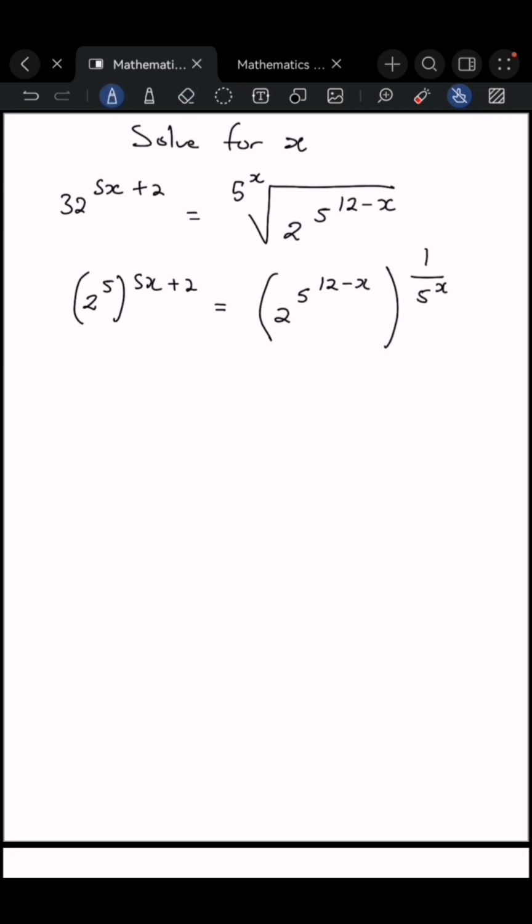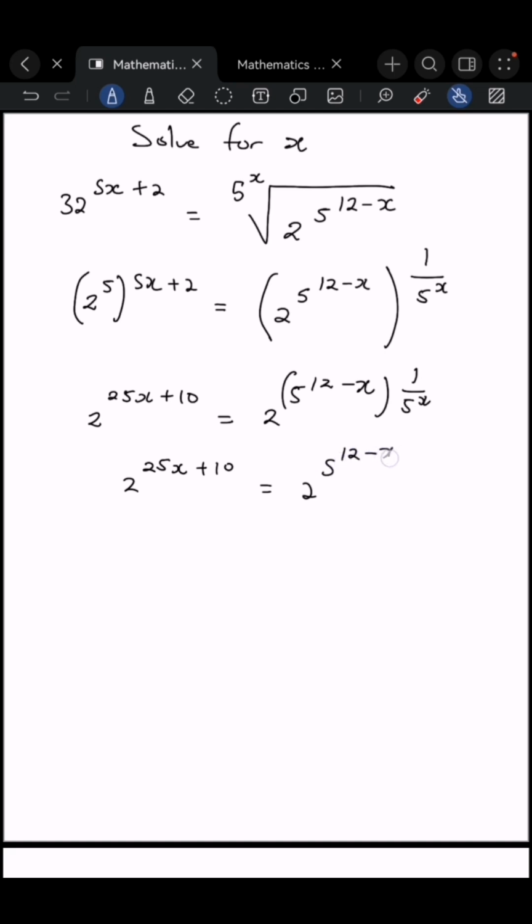Alright, what we have here is 2 to the 25x plus 10 is equal to 2 to the 5, 12 minus x, multiplied by 1 over 5x, which is 2 to the 25x plus 10 is equal to 2. All of this is going to be equal to 5, 12 minus x divided by 5 is minus x, right?